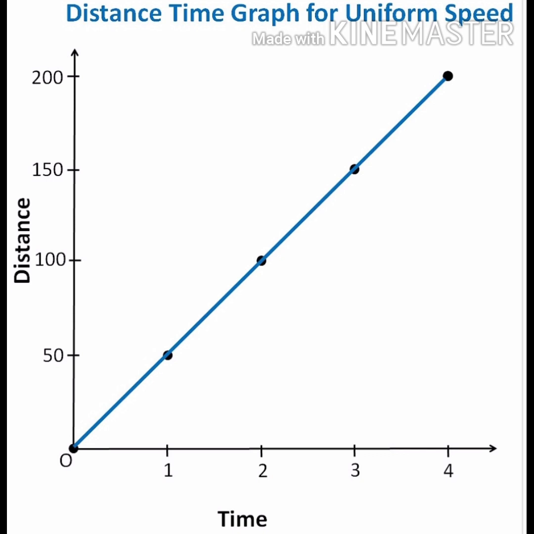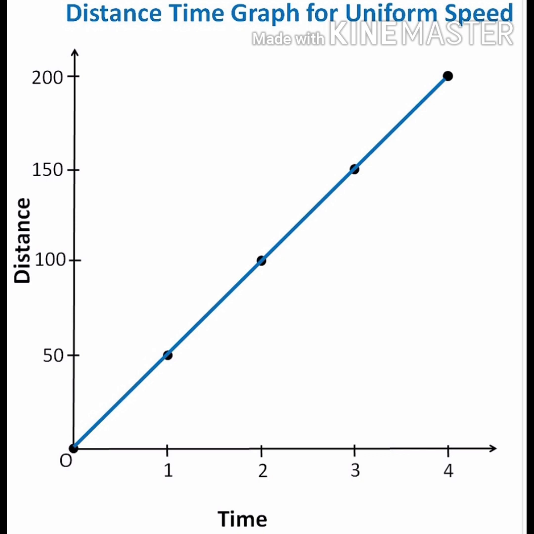Because it is the example of uniform motion. So this straight line tells you that an object in uniform motion covers equal distance in equal time interval. So wherever you see a distance time graph with a straight line, that means that is the motion. Which motion, students? It is uniform motion.